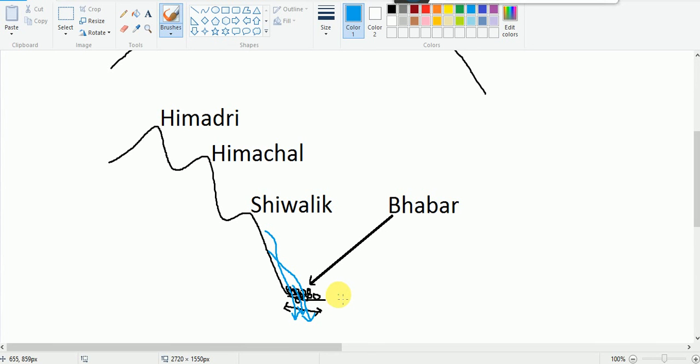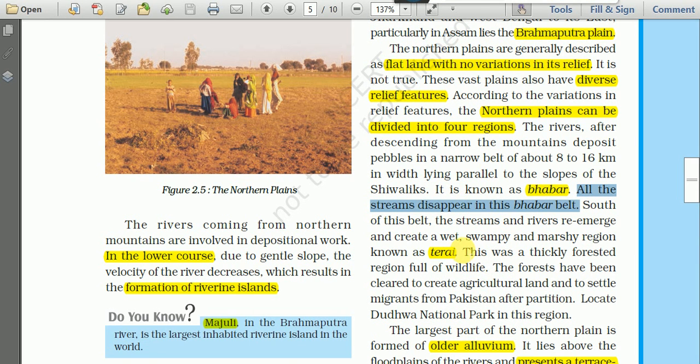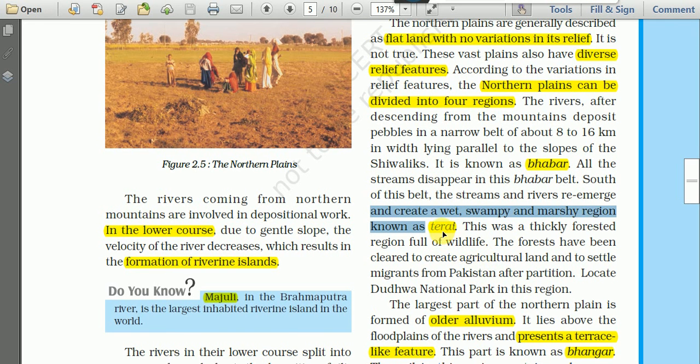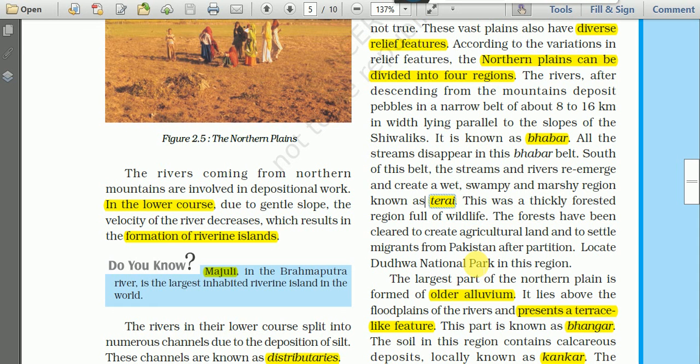That means they go underground. All the river waters are absorbed or infiltrated underground. Then south of this belt, the streams and rivers re-emerge and create a wet, swampy and marshy region known as Terai. This was a thickly forested region full of wildlife. The forests have been cleared to create agricultural land and to settle the migrants from Pakistan after the partition.